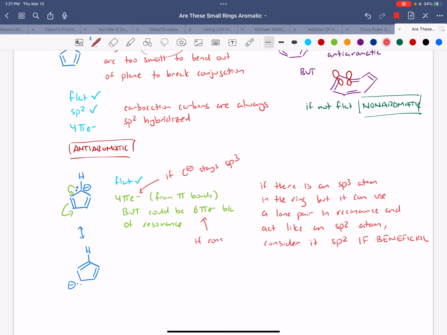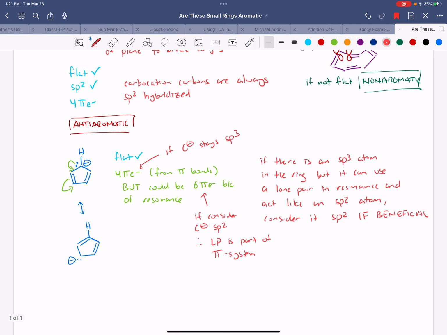If I consider the C minus sp2, the result is that the lone pair is part of the pi system.